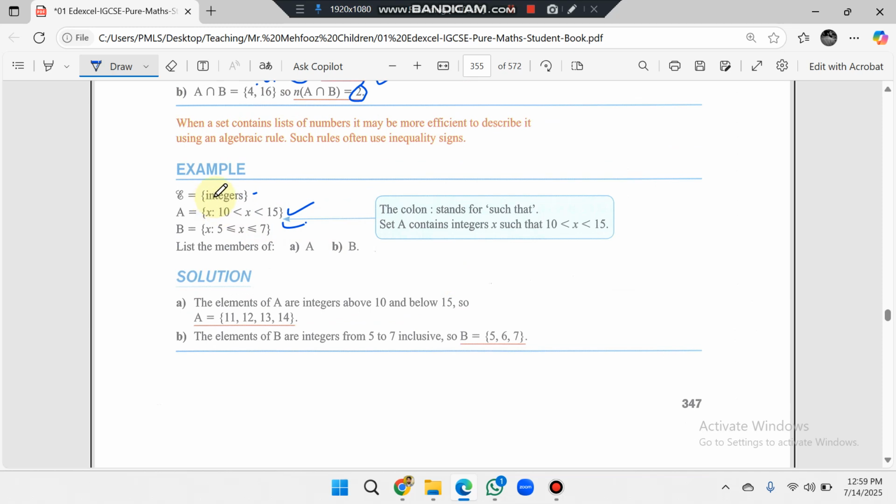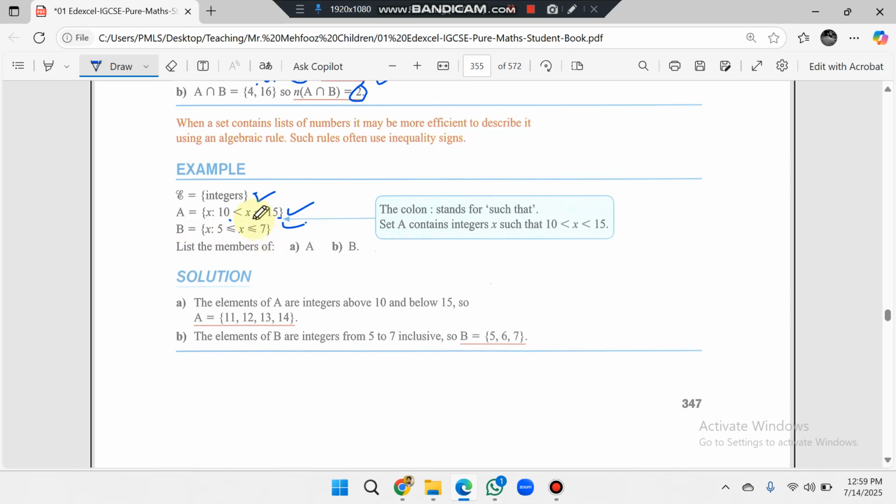Okay, the next example: the universal set is integers, all integers. A is the set in which the elements are between 10 and 15, and B is a set in which the elements are from 5 to 7.